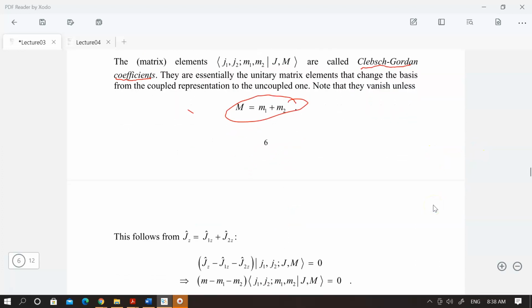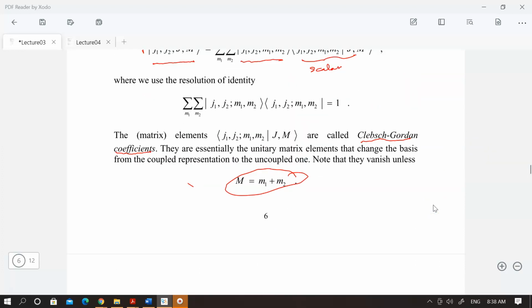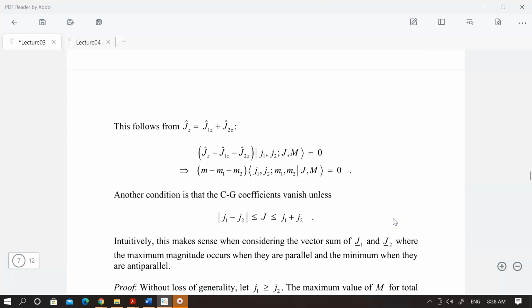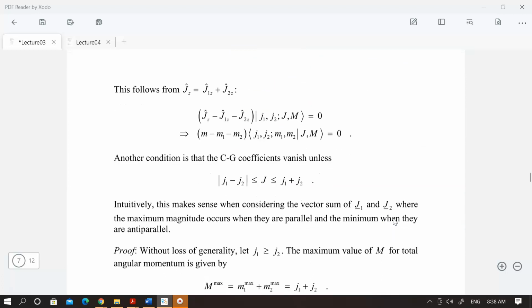In other words, this Clebsch-Gordan coefficient must obey this. If it doesn't, it's going to be equal to 0. So whenever m is not equal to m1 plus m2, your Clebsch-Gordan coefficient is just 0. This can be proven over here, so you can just have a look at it. I'm not going to say anything more.